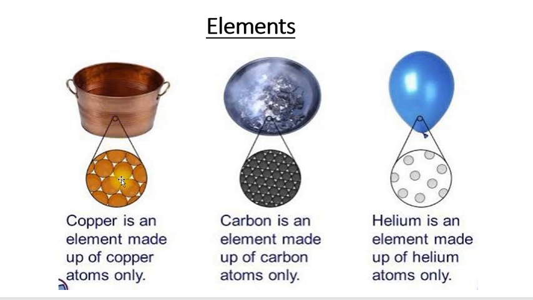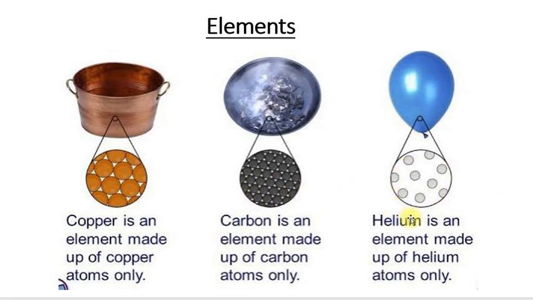This is an element. Copper is an element made up of copper atoms. You can see these are the copper atoms. This is carbon, and it is made up of one type of atom, but these are called carbon atoms and they are different from the copper atoms.